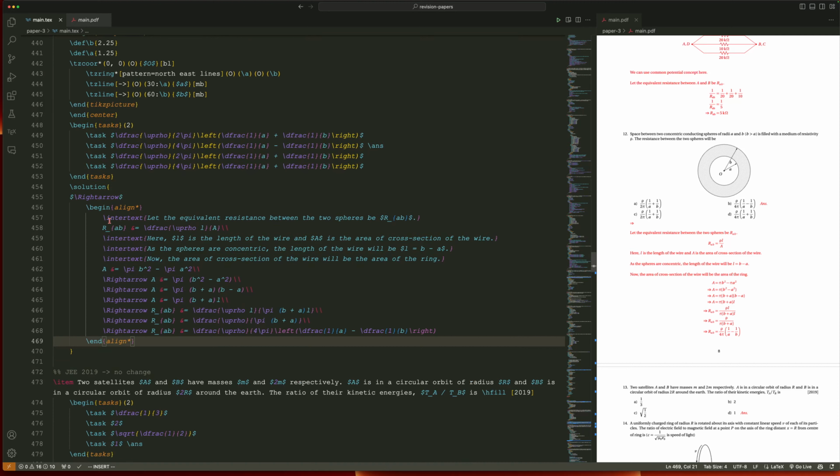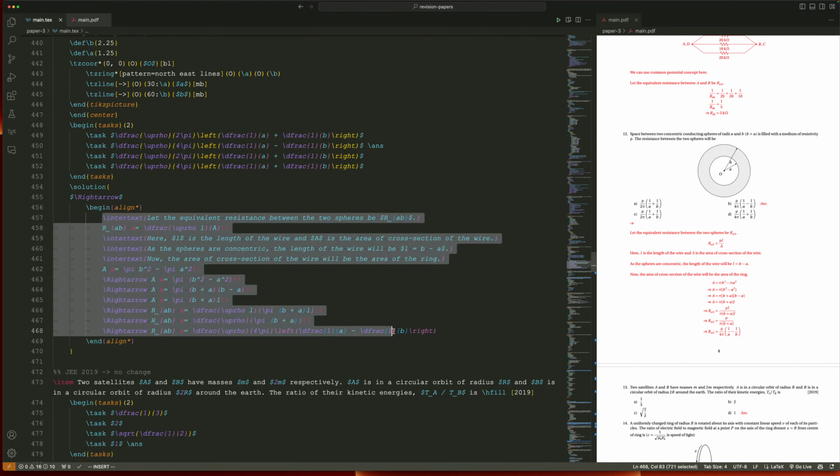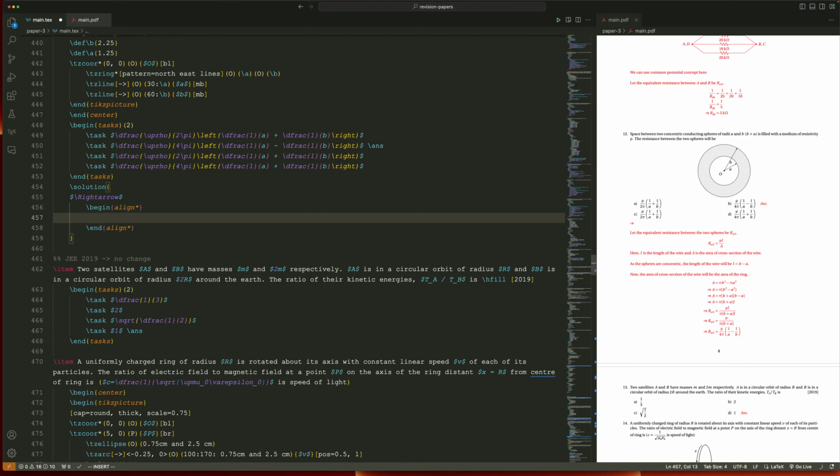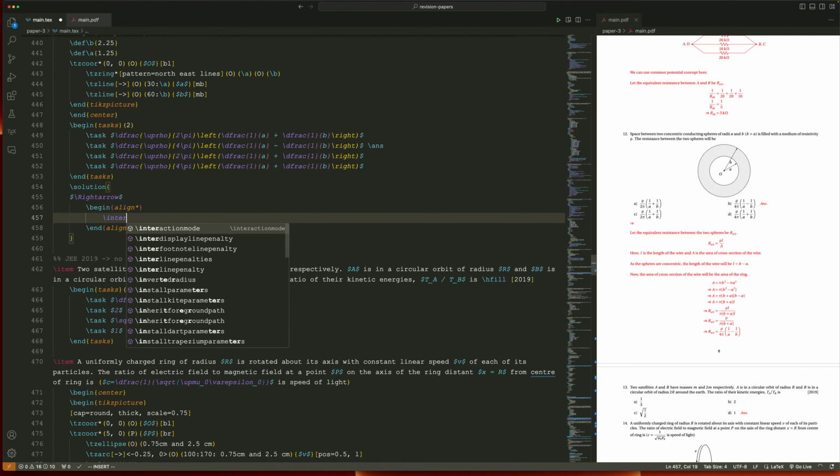So let's remove everything, and then we can proceed with the differential equation. The resistance between two spheres will be. So firstly, as you can see, all the spheres are concentric and thin.